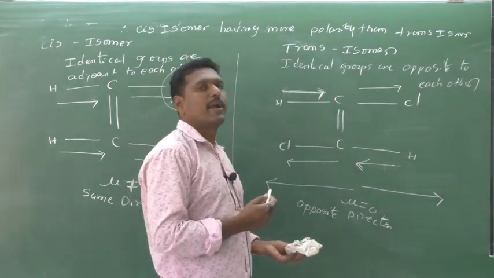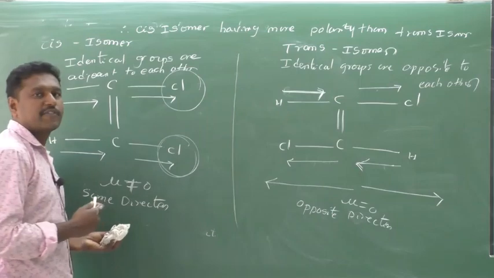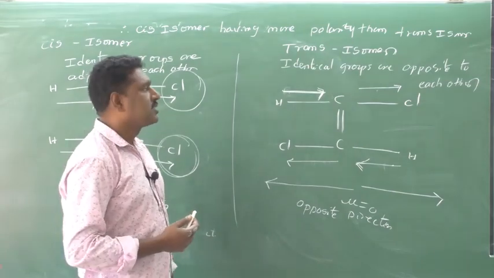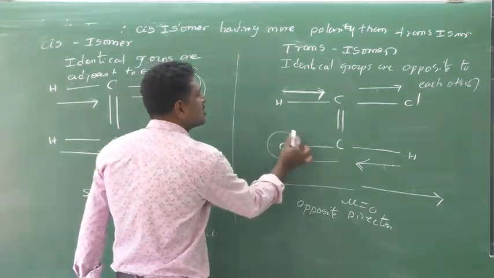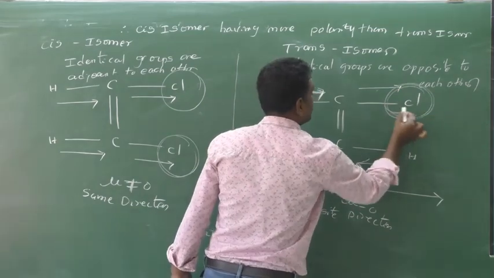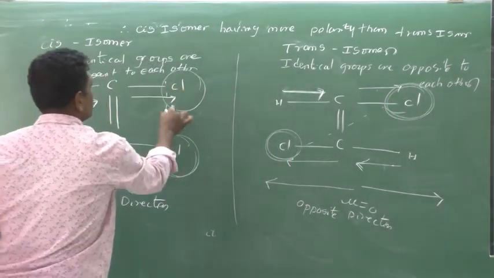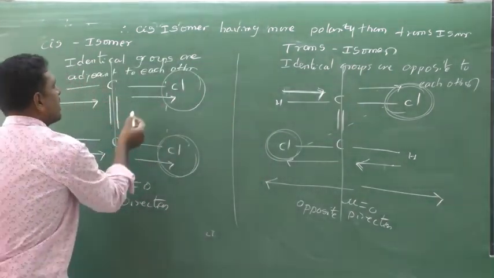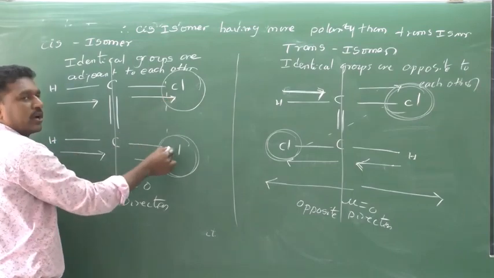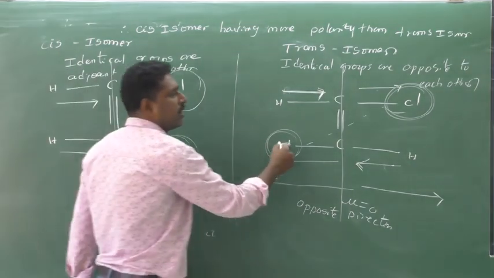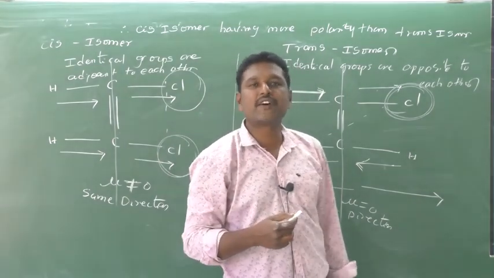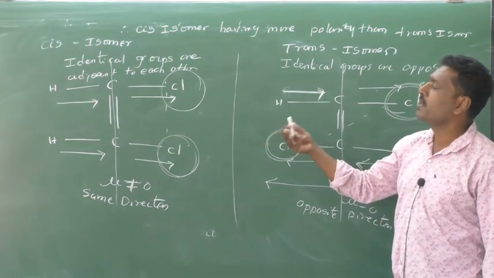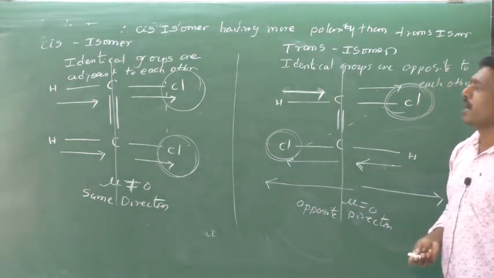Because of the dipole moment, we confirm that the cis isomer has more polarity than the trans isomer. In the trans isomer, the identical groups are in opposite directions. Here they are in the same direction. If you consider a plane, the chlorine atoms here are on the same side of the plane, and here the chlorine atoms are on opposite sides of the plane. Therefore, this is also a very important way to separate the cis isomer and the trans isomer.